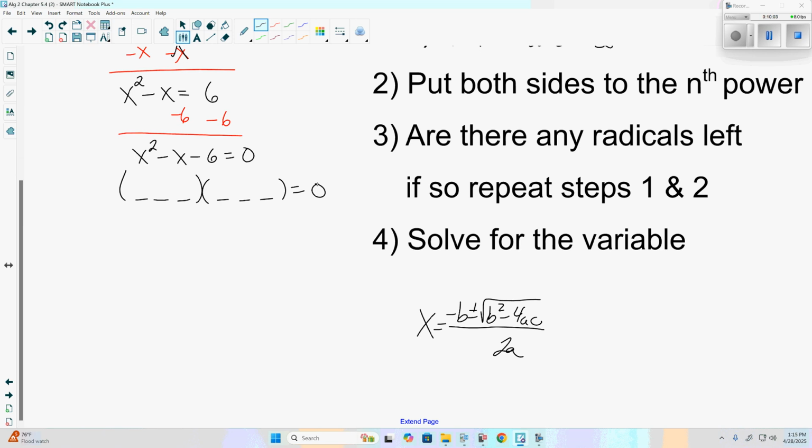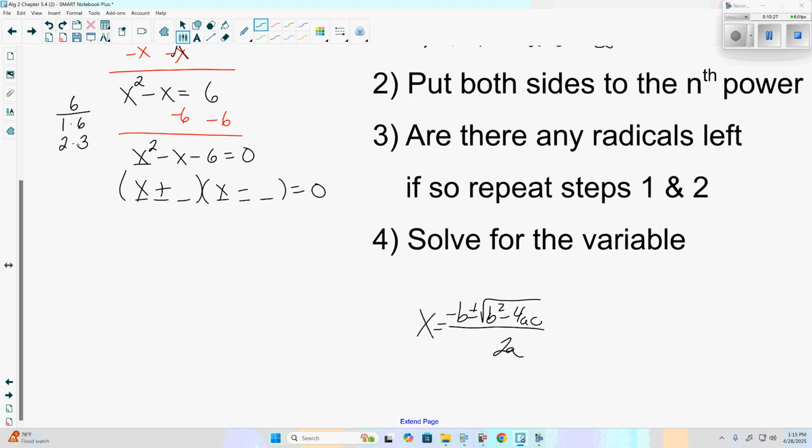Third term's negative, so the signs are opposite. One's going to be positive, one's going to be negative. Factors of x squared, well, only factors of x squared are x and x. Now in front it's 1, so we just have x and x. Factors of 6, on the other hand, 1, 6, 2, and 3.